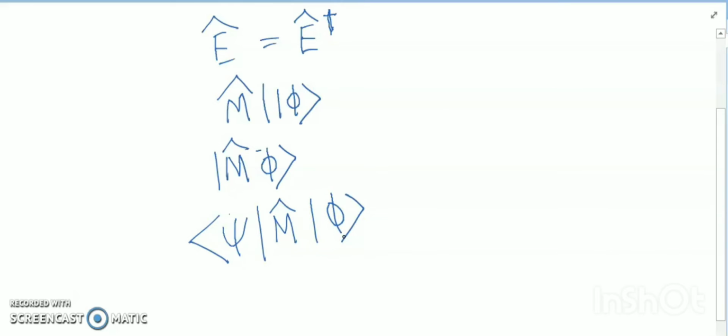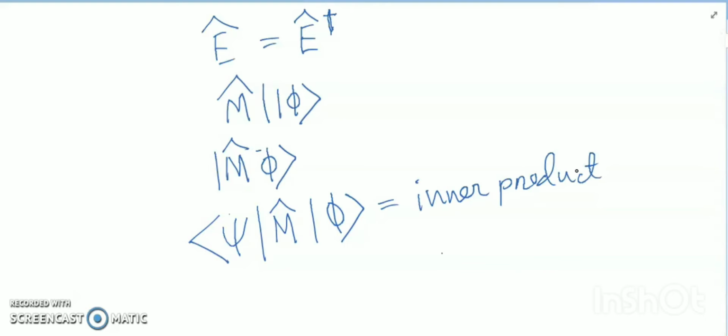So when we have an inner product expression like this, it's sometimes convenient to write it this way.